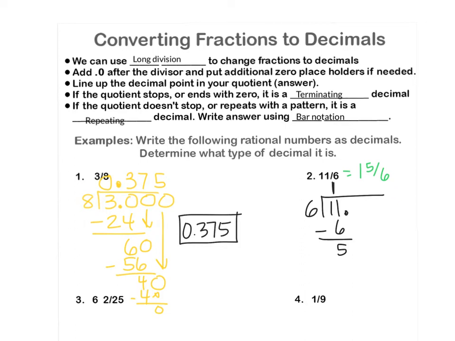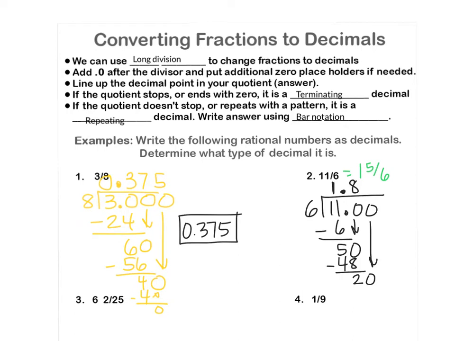Make sure you tack on the decimal point, 11.0, and bring down that 0 to make it 50. Carry that decimal point up to the quotient. 6 goes into 50 8 times. And 8 times 6 is 48. Subtract and get 2. Bring down a 0.